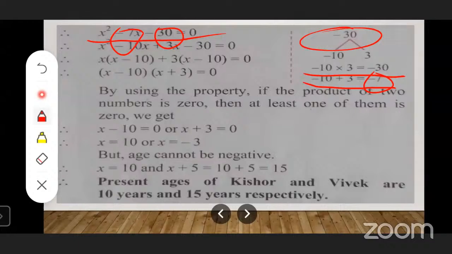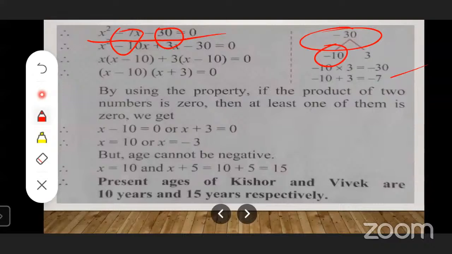So I have found the factors of minus 30 as minus 10 and 3. When you add minus 10 plus 3, what are you getting? Minus 7, and that is nothing but the middle term.